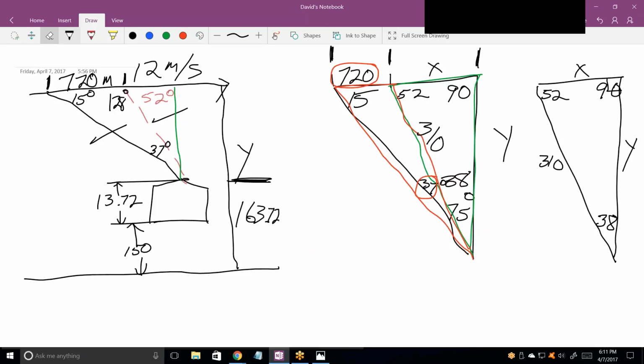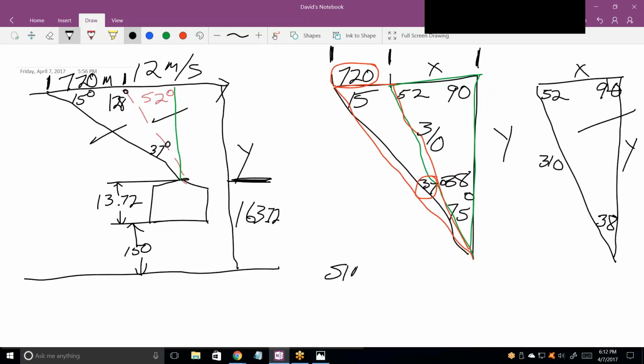So give me an equation I can write regarding this triangle that lets me solve for y. 310 times the sine of 52 degrees. It's not times. Divided. When you're using the law of sines, it's always ratios.